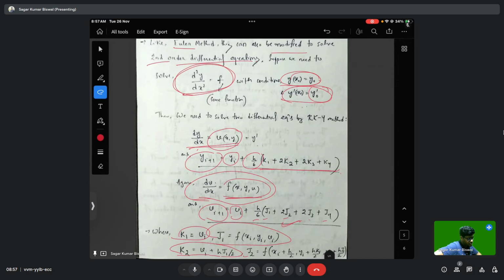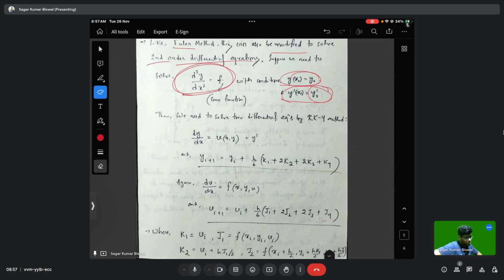Because here you know the function, and as it is getting a bit more complicated, I'm erasing them. So what are these j1, j2 and k1, k2 values? As you know, this is the first differential equation, and this is the second differential equation.